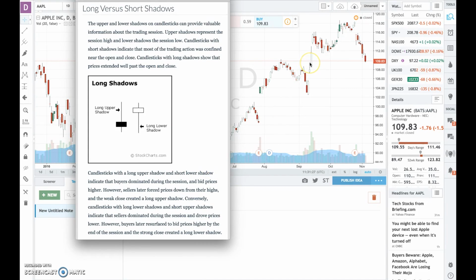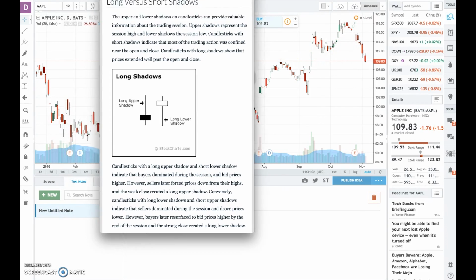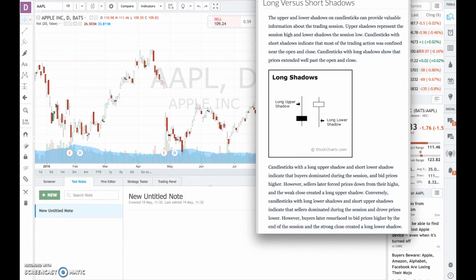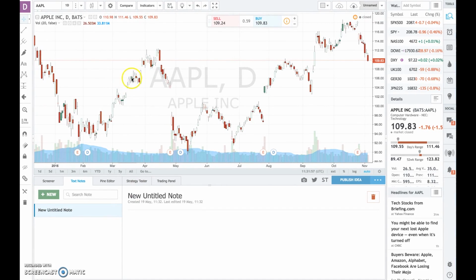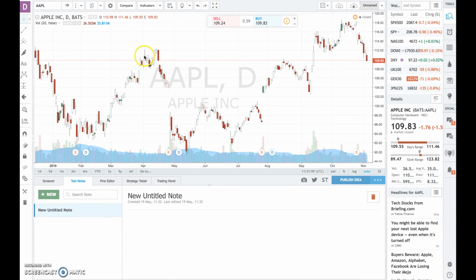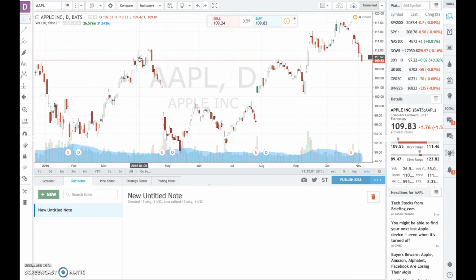Candlesticks with a long upper shadow, let's point one out here, one that's really obvious, let's say this day right here on September 4th. Here on September 4th, we can see a large upper shadow, and candlesticks with a large upper shadow indicate that buyers dominated during the session.